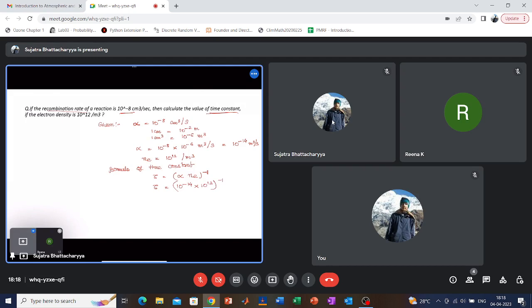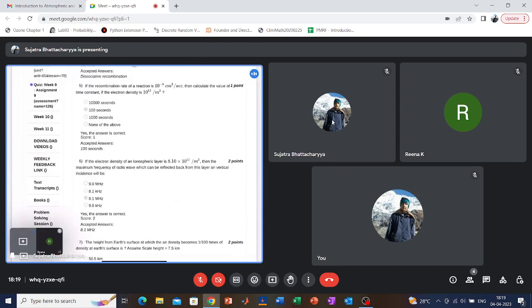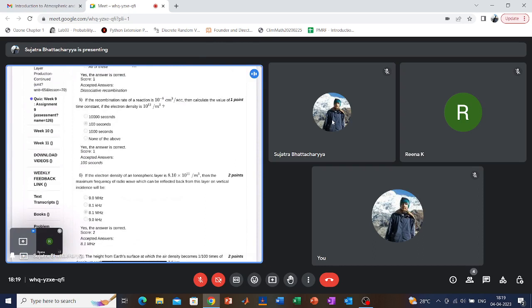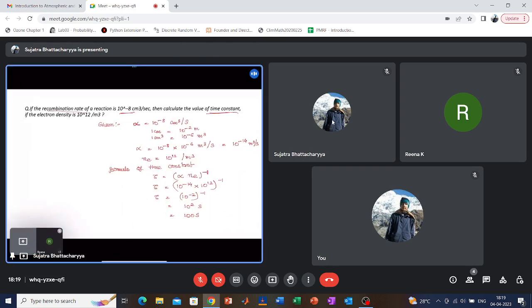So tau will be equal to 10 to the power minus 2 minus 1, that becomes 10 square seconds, or equal to 100 seconds. So if you come to that particular question, 100 seconds is the answer. This is the time constant.